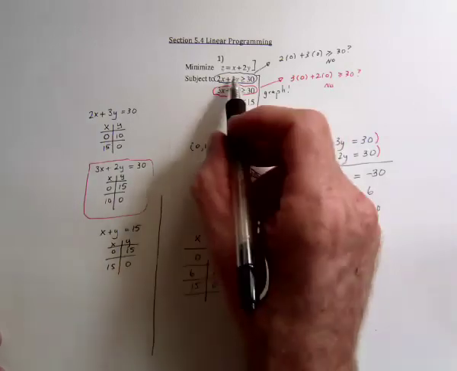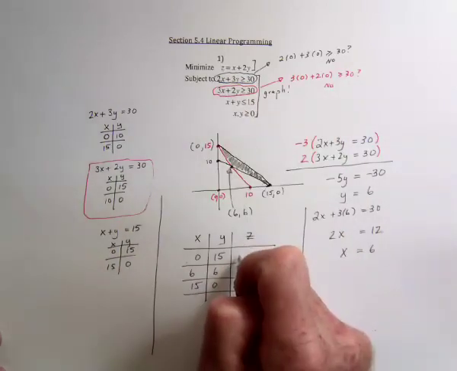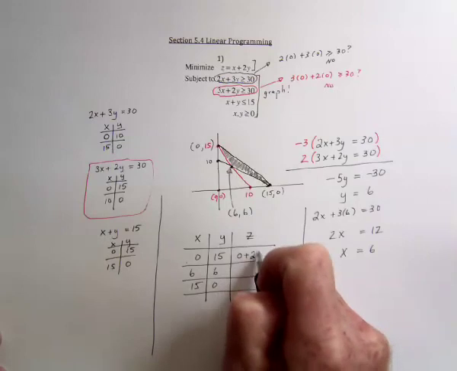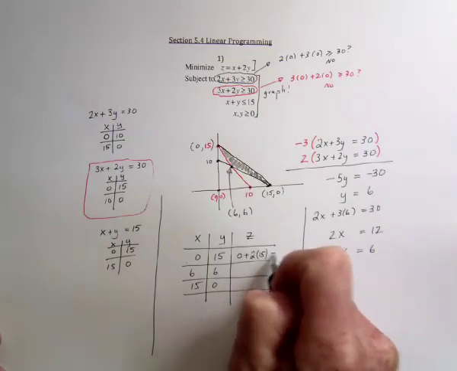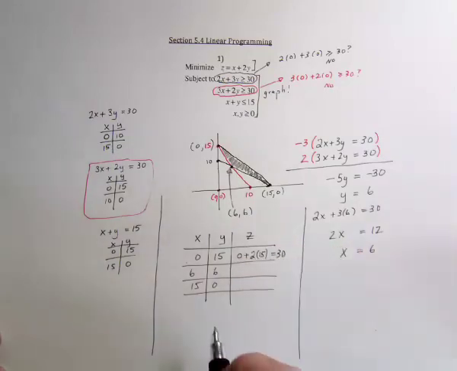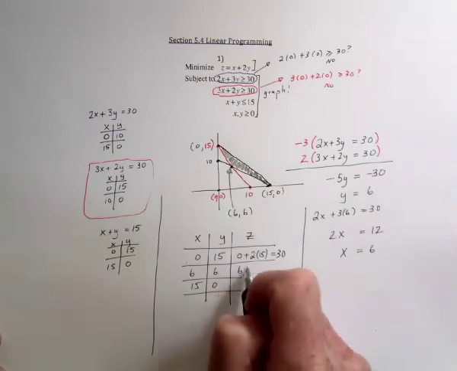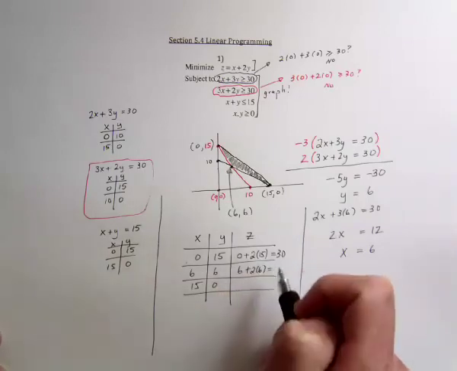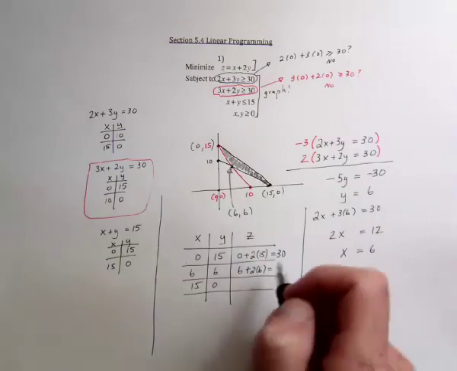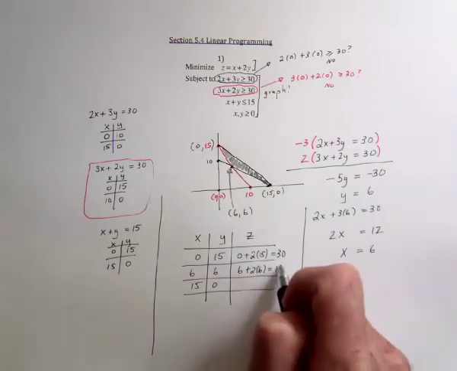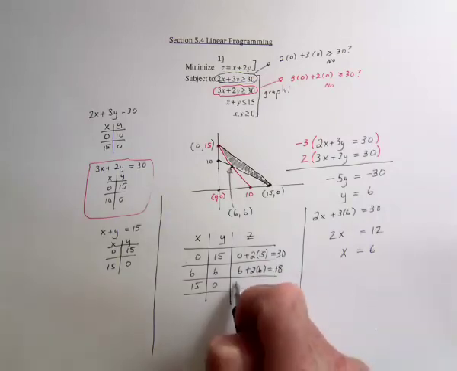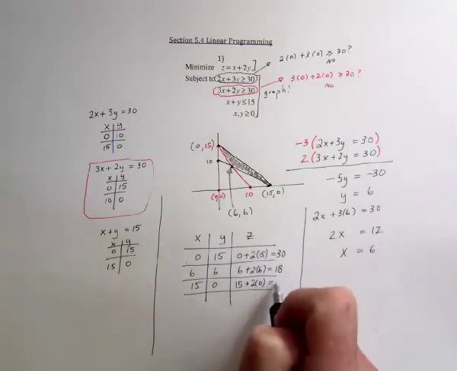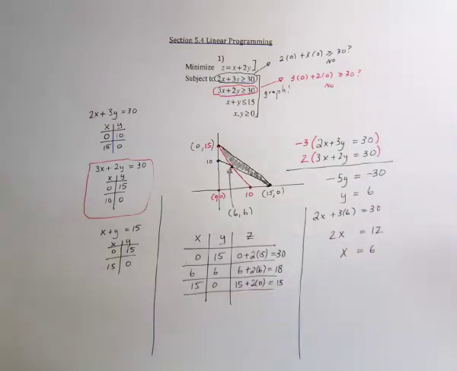Substitute those into the z value, and this one's going to be x, and then double the y value, makes it 30. And then x plus double the y value is a 12, and 6 makes 18. And then x plus double the y value is a 15.